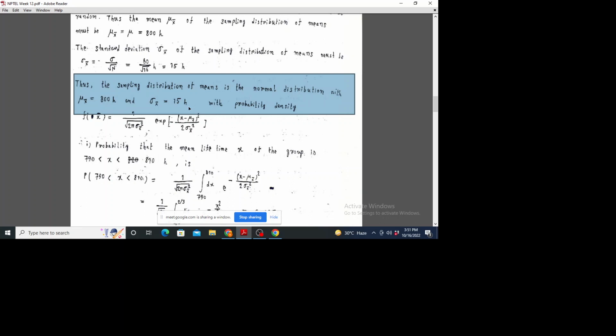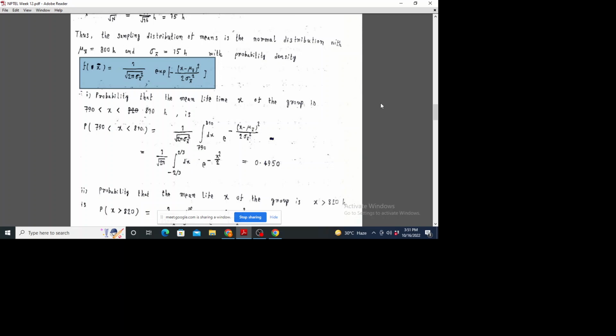If this is the normal distribution, of course we definitely know the probability density. This is the simple normal distribution probability density, quite familiar by now. So mu x bar is 800 and sigma x bar is 15.